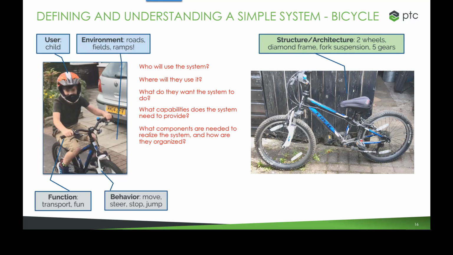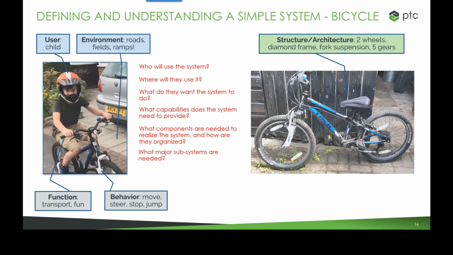So we then design a structure or a product architecture. In this case, we've gone with 2 wheels, standard diamond frame, suspension on the front forks, and 5 gears. So each of those is a conscious design decision that the engineers must make to deliver those functions and behavior.